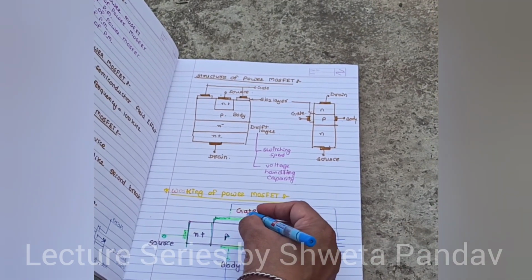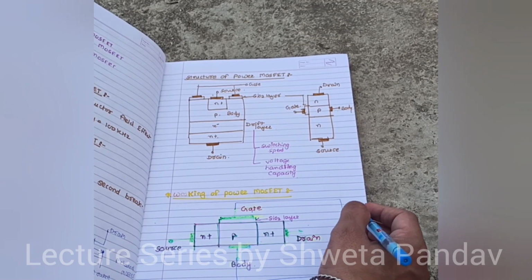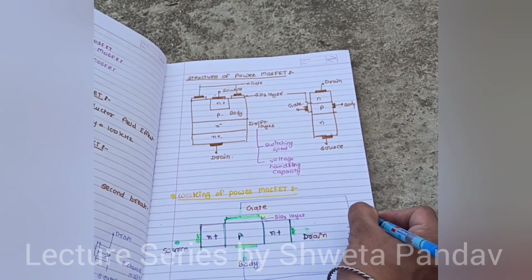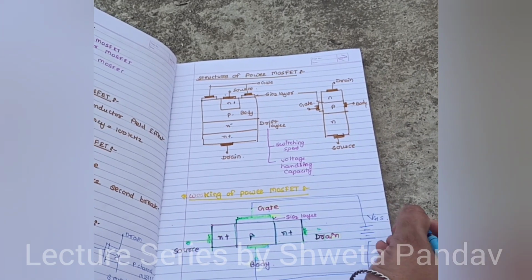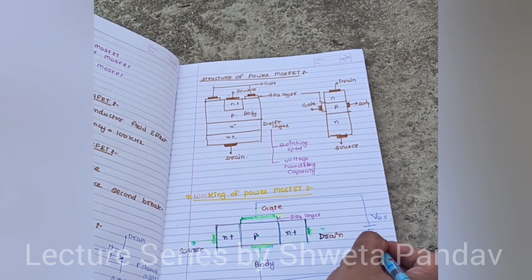This voltage is given between gate and source, so it is VGS.